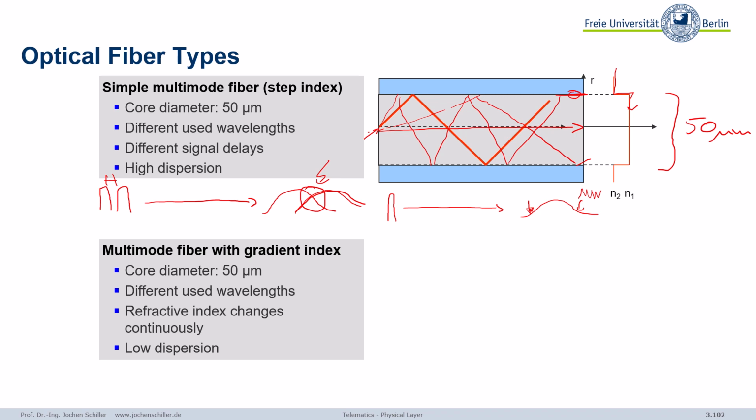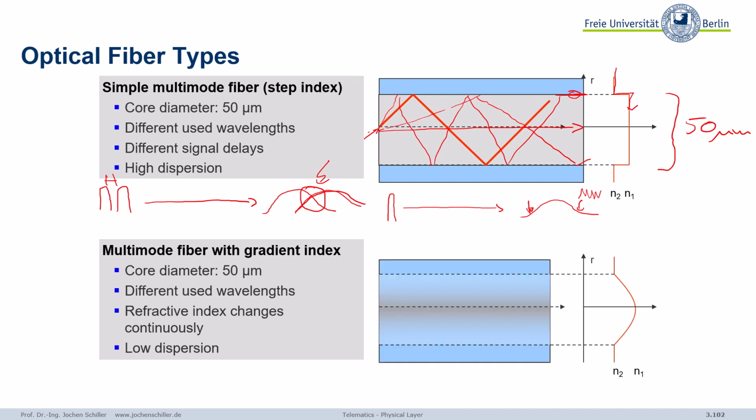But now the trick here is we have not a step index, but a gradient index. Gradient index here means the refractive index changes slowly. What is the effect here?